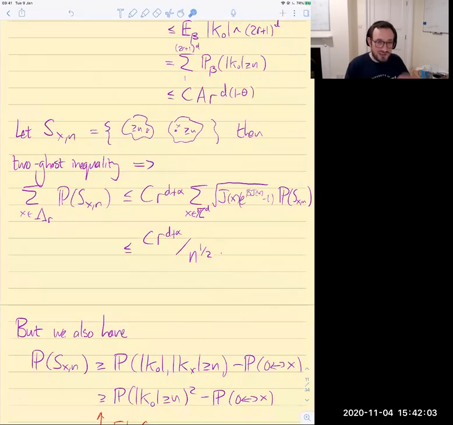But by assumption on J, we know roughly what this factor is, so at least inside the box we can pull it out and we get this inequality between them. Because we assume that J of x is always at least some constant times x to the minus d minus alpha. Is that clear? Yeah, I just got confused between earlier versions of this inequality.